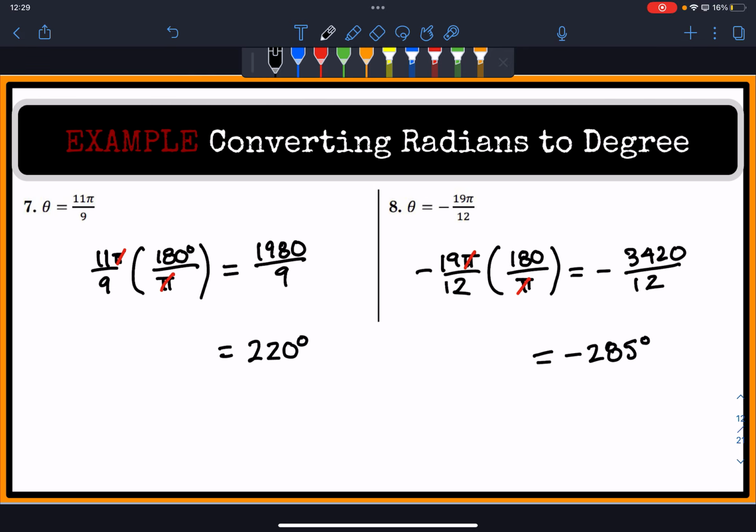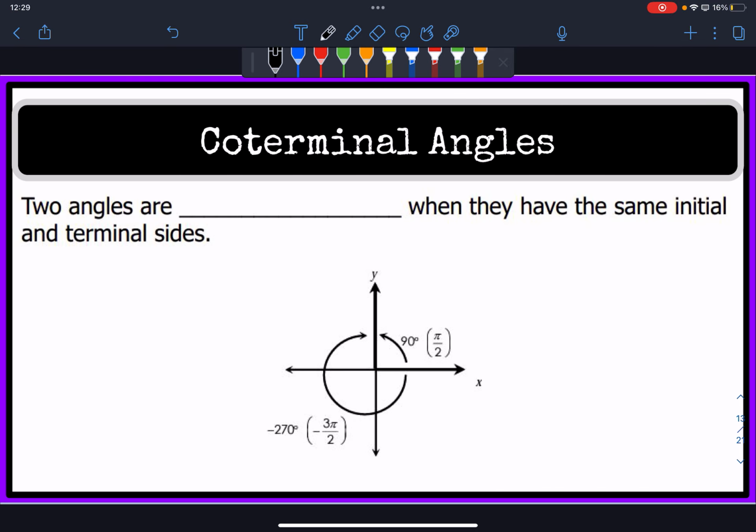Okay. Now, moving on to coterminal angles. Two angles are coterminal when they have the same initial and terminal side. So in other words, they terminate in the same location. They end in the same place, like 90 degrees and negative 270 degrees.